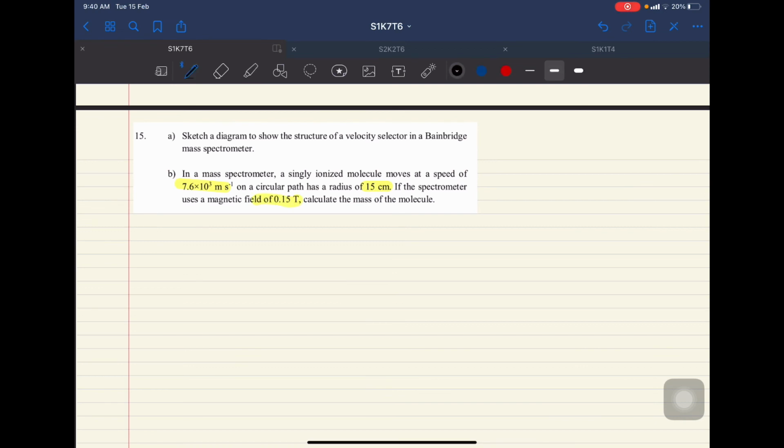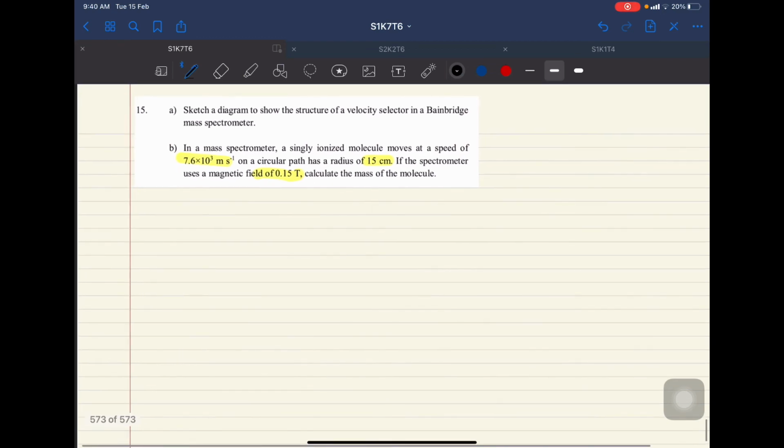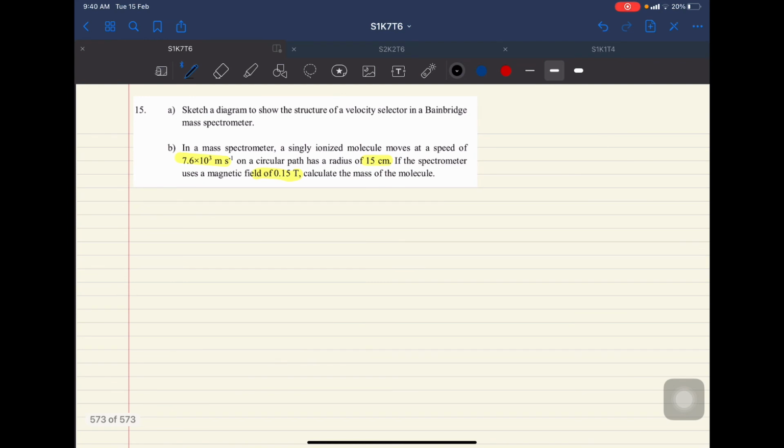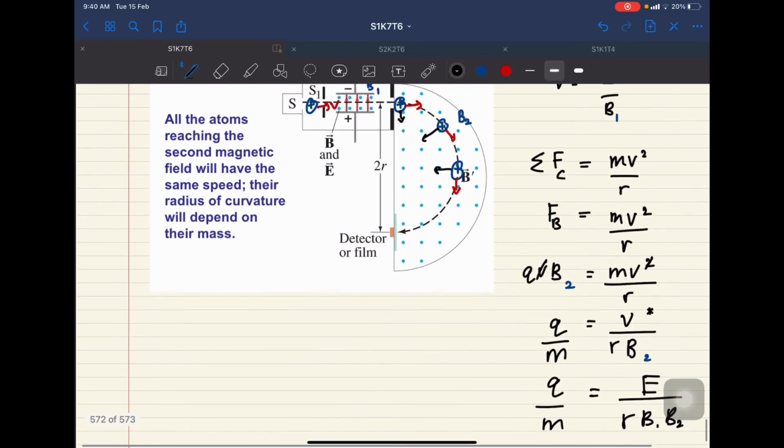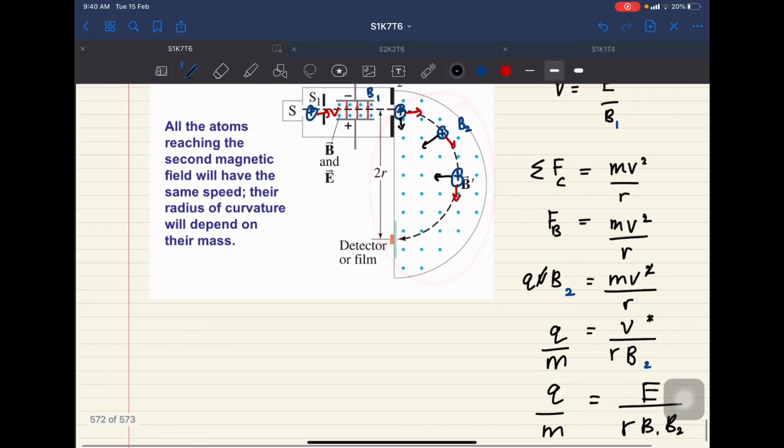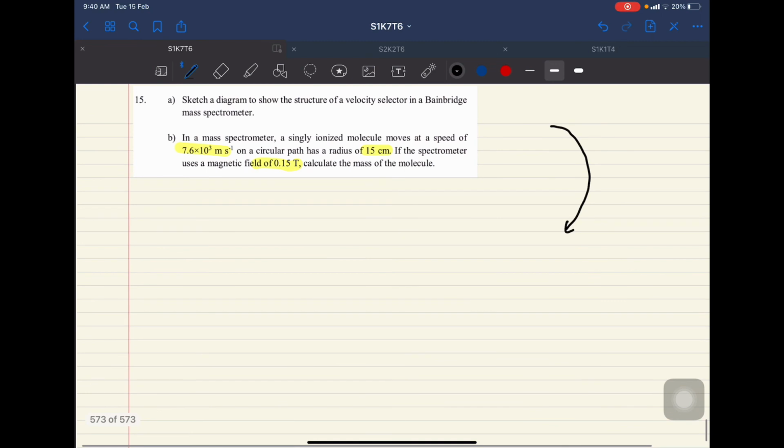If the question wants us to calculate the mass, we are talking about the mass spectrometer region, which is when it starts to move in circular motion over here. So we can write Fc equals mv squared over r. This is the same as the previous derivation, where Fc is equal to Fb.